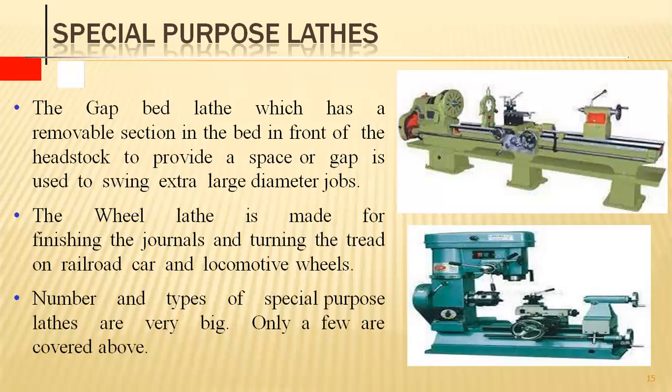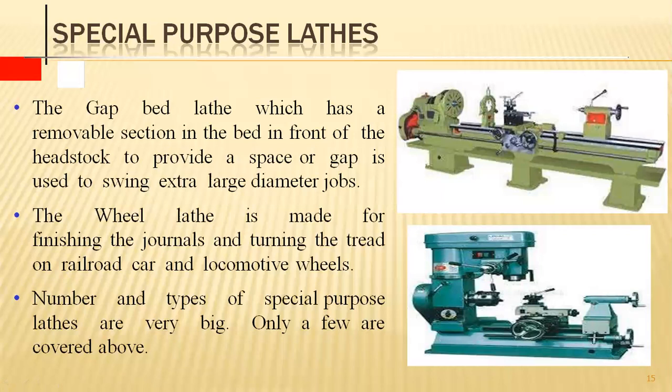And some more special purpose lathes we can have a look at here. The gap bed lathe, which has a removable section because there is a gap in the bed. Obviously, the headstock and tailstock can be removed, and based on its tool post, it can be adjusted with respect to the guiding sector.